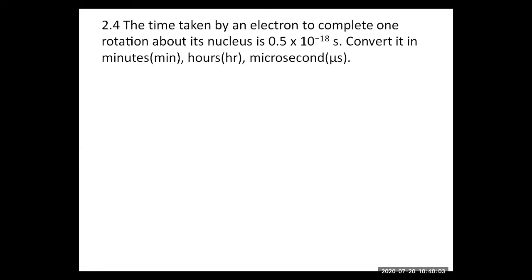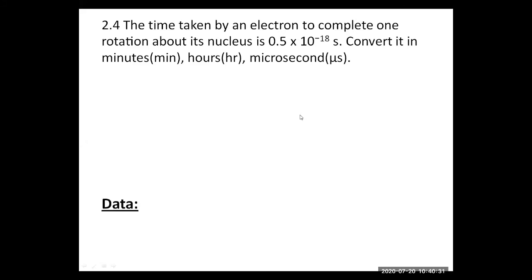Now here two things are greater. A minute is greater than a second, and an hour is greater than a second, while a microsecond is smaller than a second. So if we are going to convert into minutes and hours, we have to divide, and for microseconds, we will multiply.